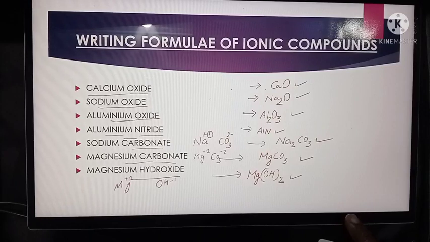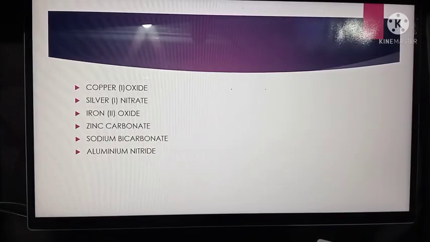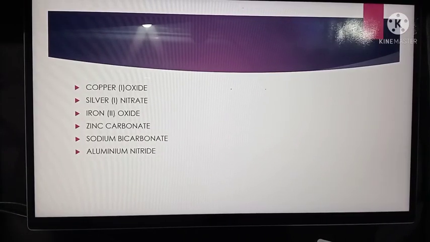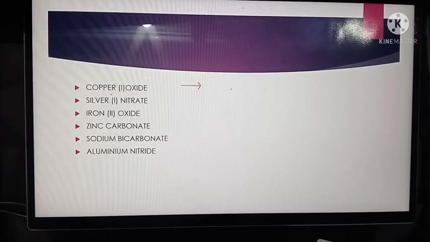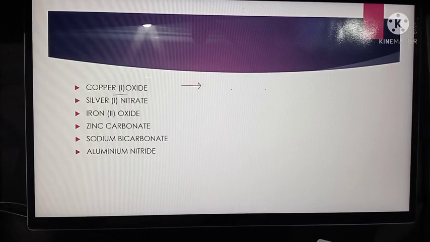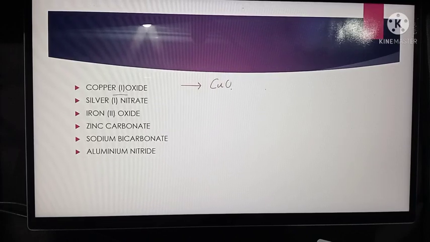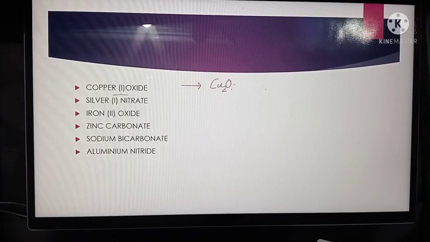Let us write down some more formulas, for some different substances. The first one, copper oxide. Here the examples given have variable valencies, so what is given in the bracket is considered as the valency of that element. Copper(I) oxide: Cu is +1, and oxide is 2.